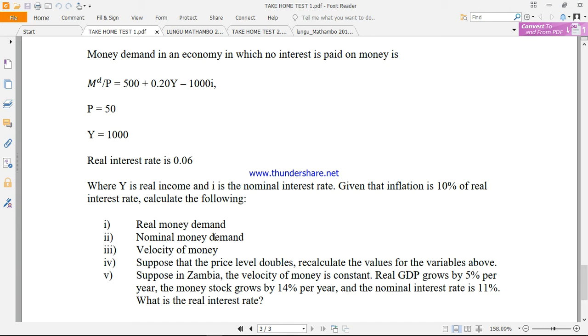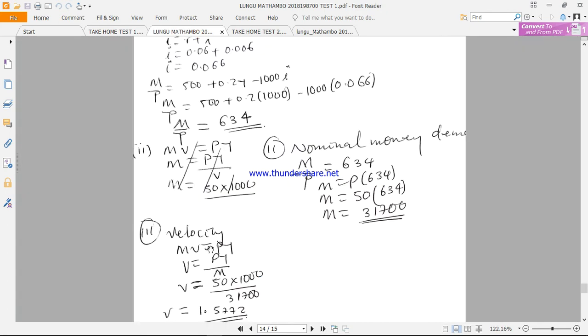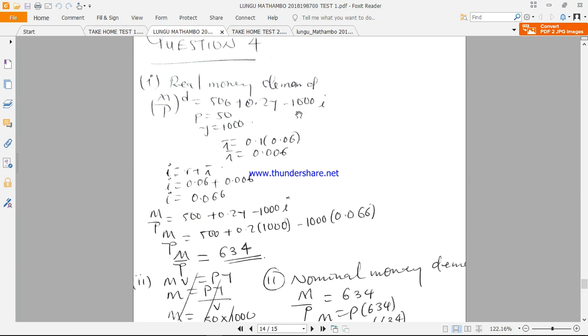So of course you get this whole thing from the money demand function. You just make M the subject of the formula. So for nominal money demand, we have M over P equal to this function, which we have calculated to be 634.